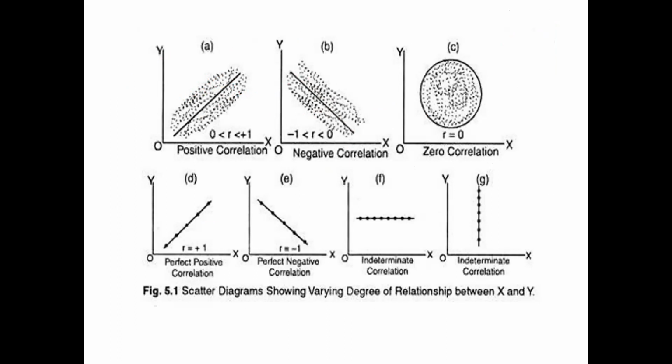So what is a scatter diagram? When you put the first variable on the x-axis and the second on the y-axis, and then you make some dots and try to draw a line between the dots, this kind of diagram is known as a scatter diagram.